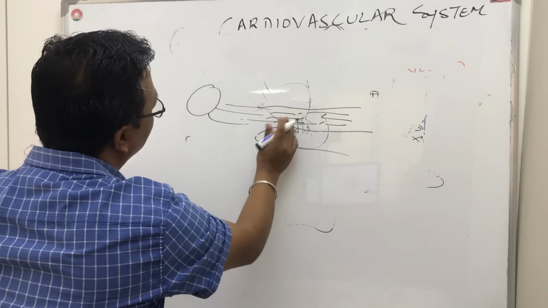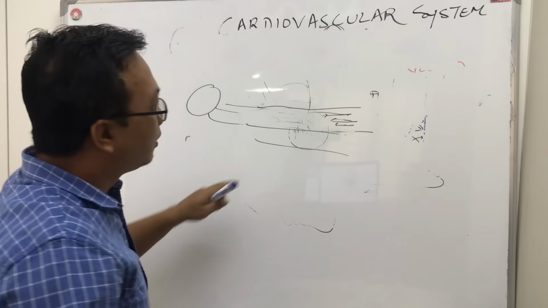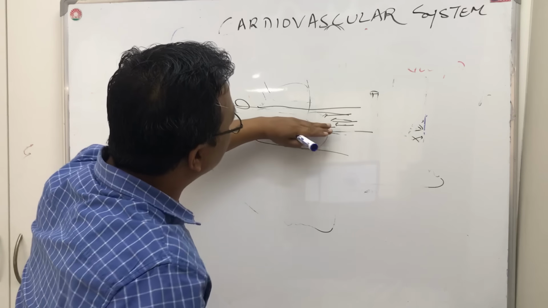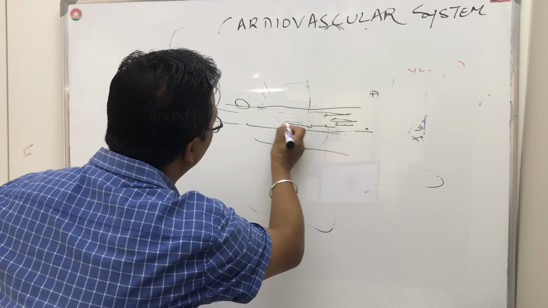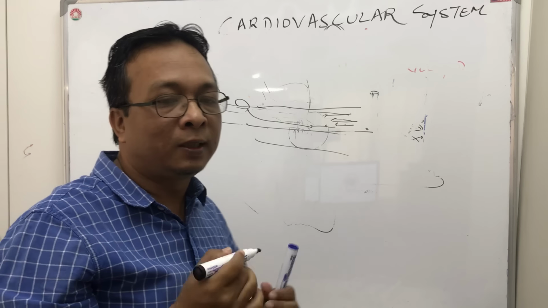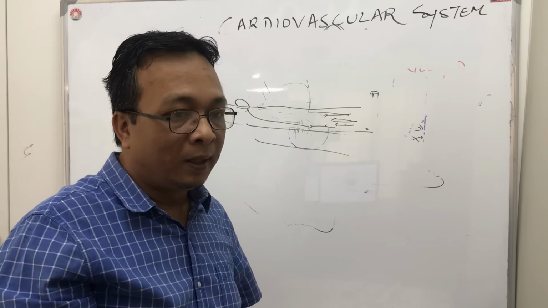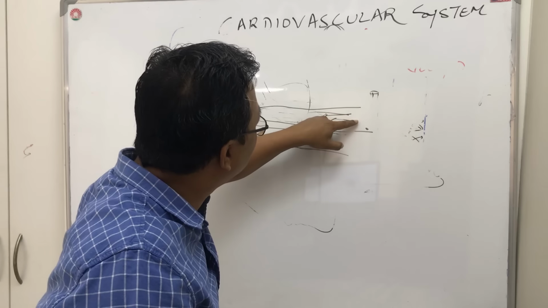Blood has to reach here. This is not against gravity, but it still needs power from the toes. It needs some force. Where does this contraction come from? It comes from the back of the legs. That's why we advise everyone to walk every day. If you do not walk every day, your legs will become painful. Why? Because blood is getting stagnant.